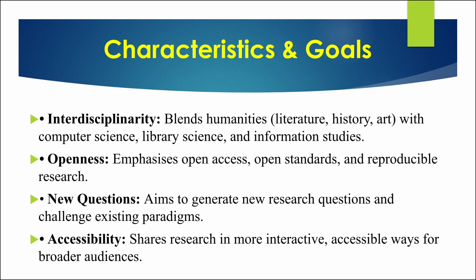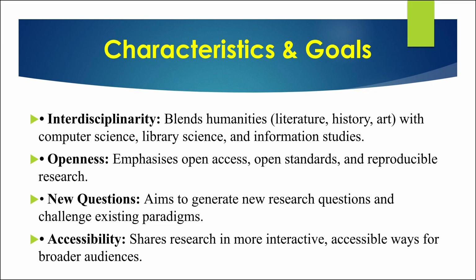Let's now see some of the characteristics and goals of digital humanities. First thing is, it is interdisciplinary. It blends humanities, that is, literature, history, and art, with computer science, library science, and information studies. Openness.